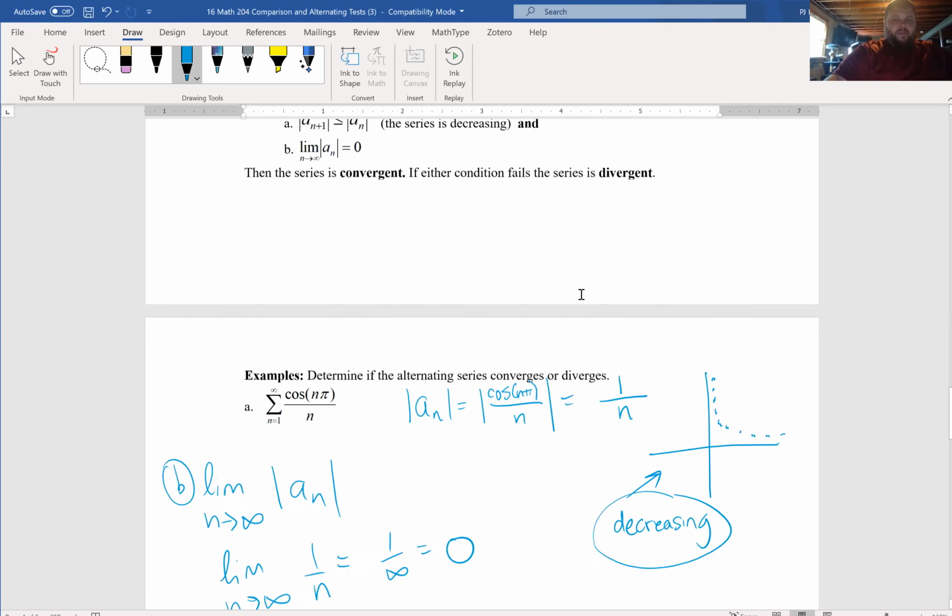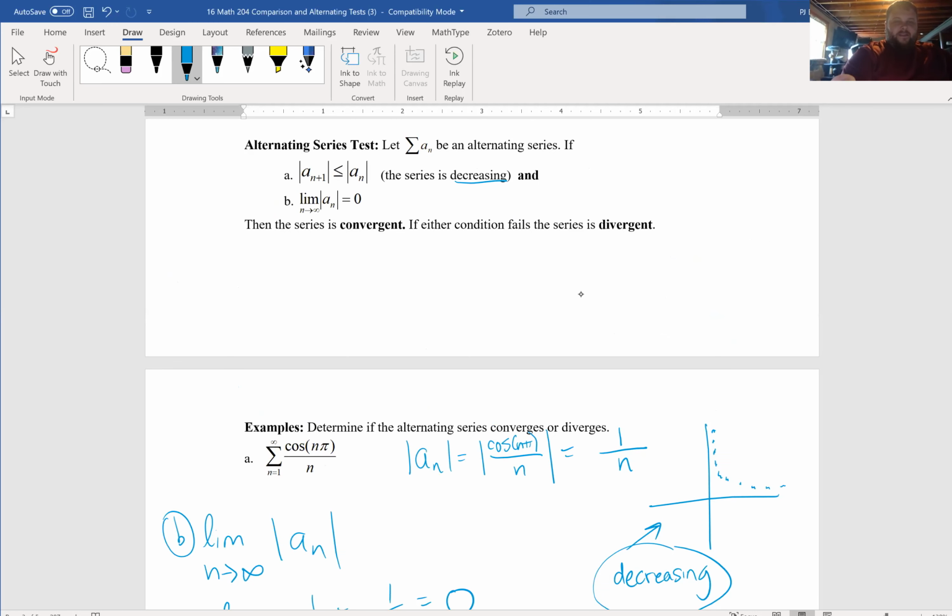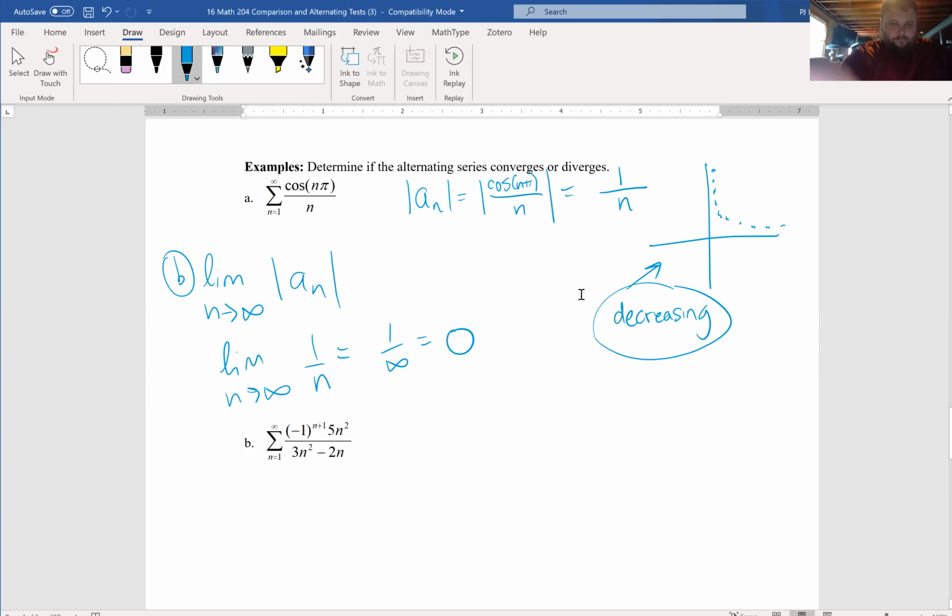So if we look back up here, it says we need to prove it's decreasing and the limit's 0. And if we do both of those, it's convergent. So by alternating series test, this guy converges.